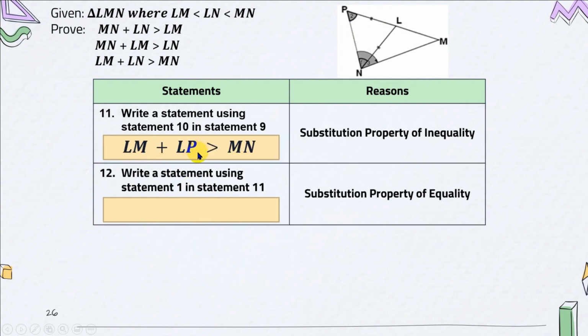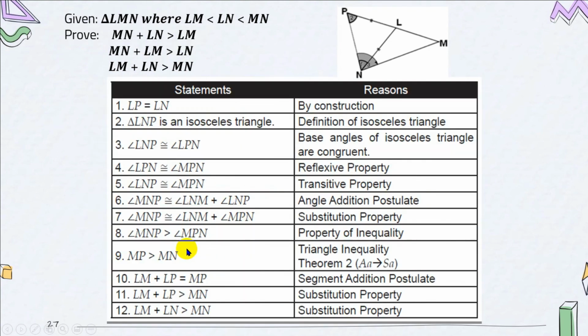Then, from our very first statement, LP is equal to what? To LN. So LM plus LN is greater than MN. So here it is: what we needed to prove, that the sum of the two shorter sides is greater than the longest side. So we have proved it.